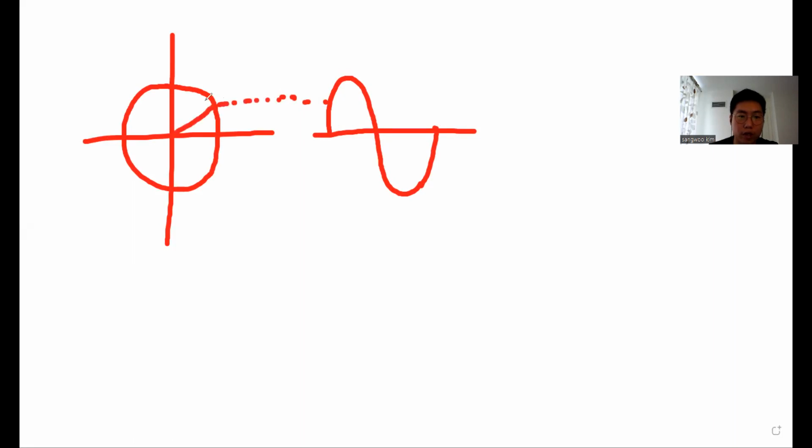It looks a little bit bad, but try to understand it, okay? What I'm saying is that as time goes by, this has a certain value, right? So that's why we use a phasor.